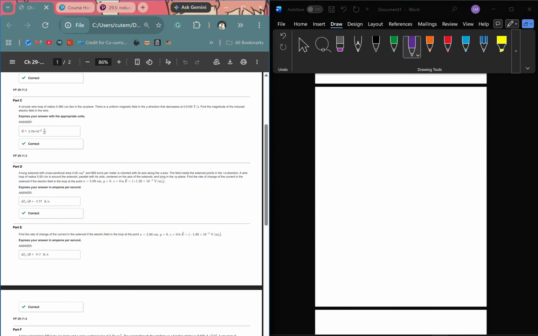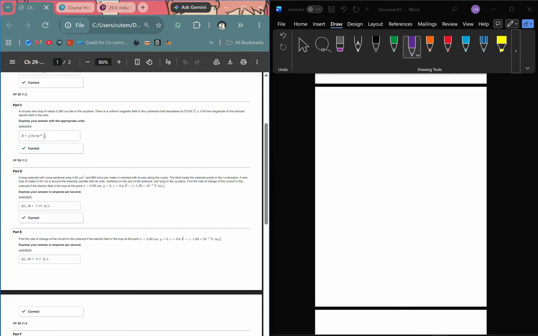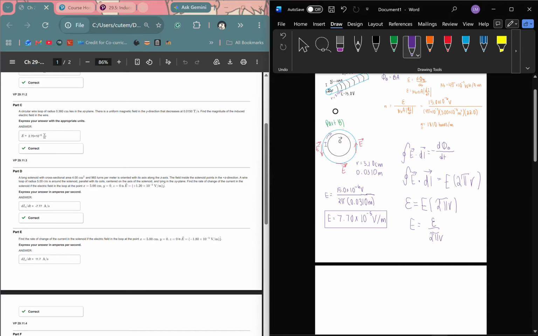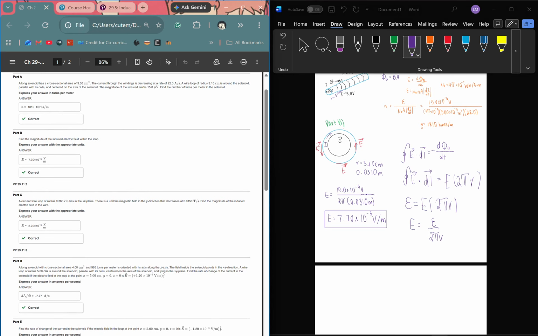Now we move on to part C. Let's read it. So for part B, the magnitude of the induced electric field within the loop is 7.70 times 10 to the power negative 5 volts per meter.